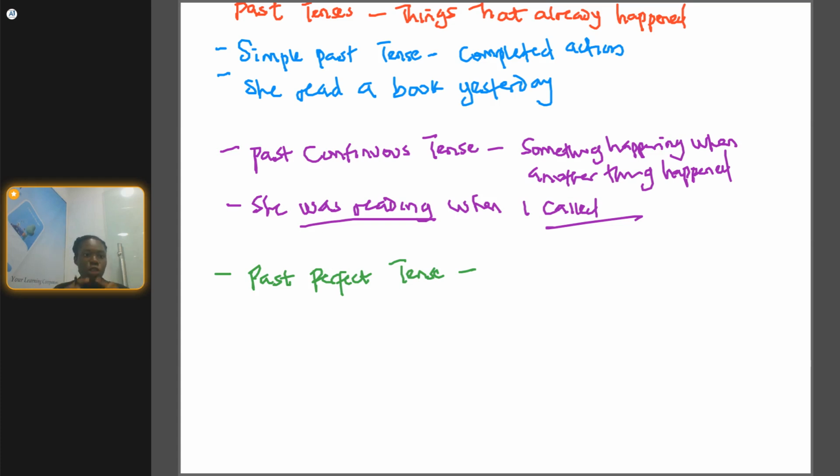So that's where we have she was reading, she was doing something, reading as in continuous. But for the past perfect, you can have she had read. She had read before watching the movie. That's past perfect.